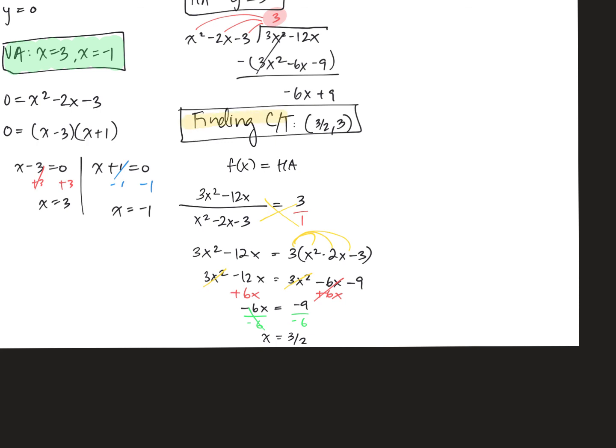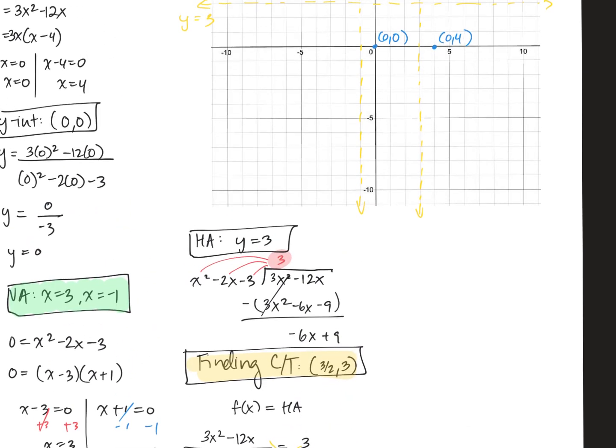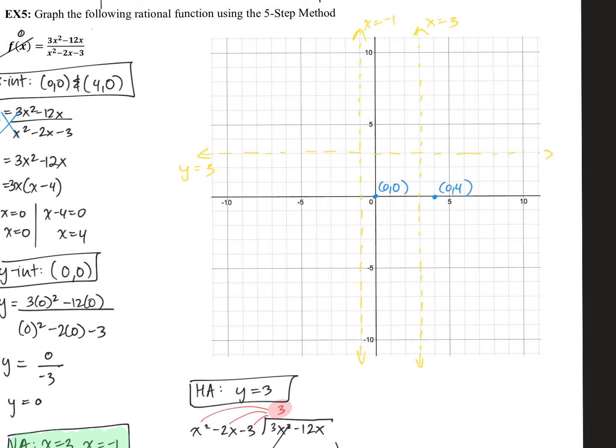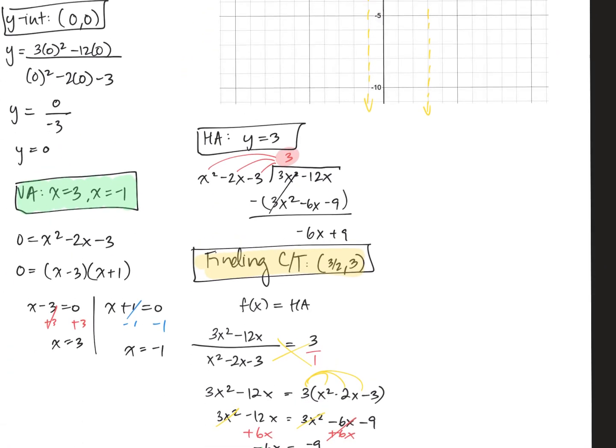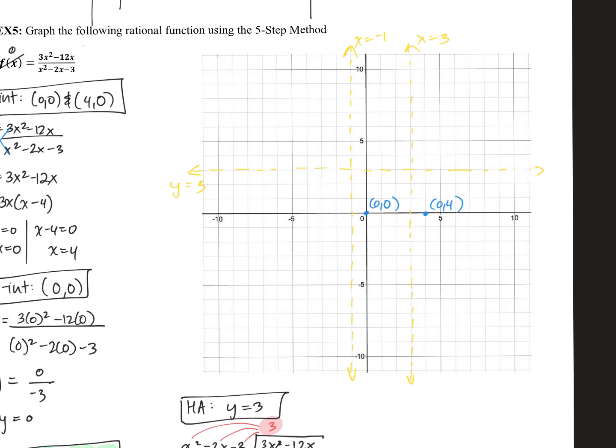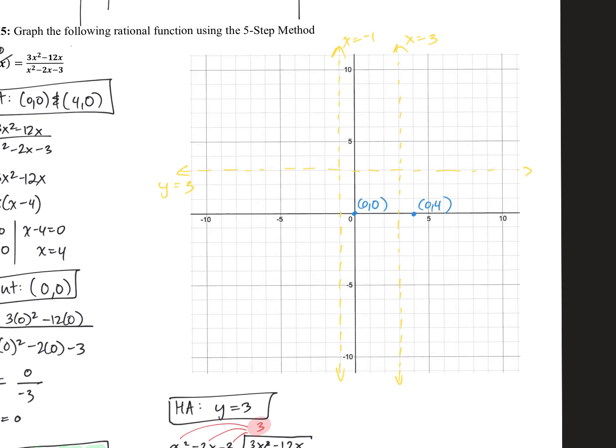Alright, and then let's go ahead and graph that in at 3 over 2, 3. 3 over 2 is a little more than 1. Let's go ahead and do it right there.